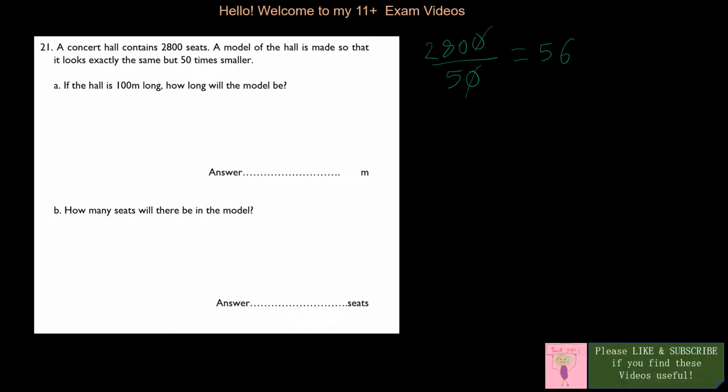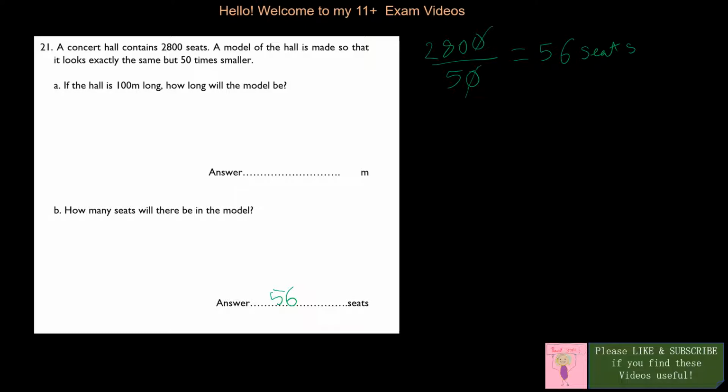So 50 times smaller, I will get 56 seats. So that is part B, I think. I don't know why I did this first, but anyway, I think it has 56 seats.